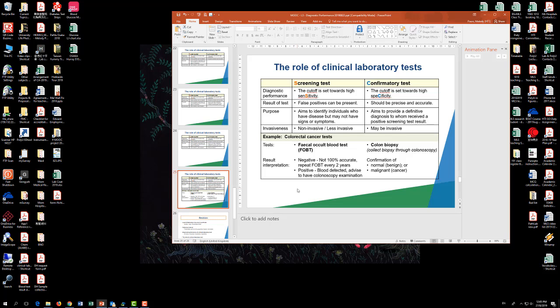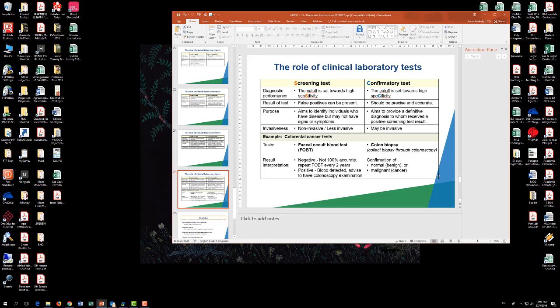If the result is negative, because this is just a screening test, the result is not 100% accurate. So you will be advised to repeat the test every 2 years as a health check. If the result is positive, that means some blood was detected in the stool. You will be advised to have a colonoscopy examination.